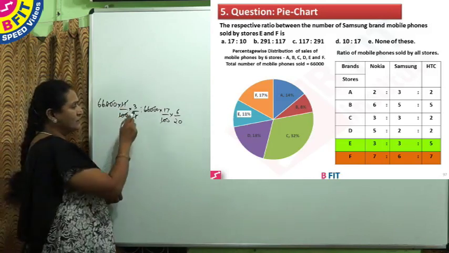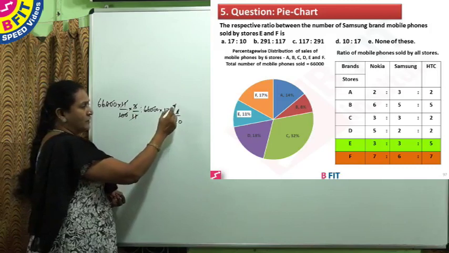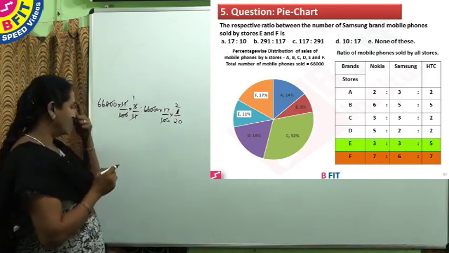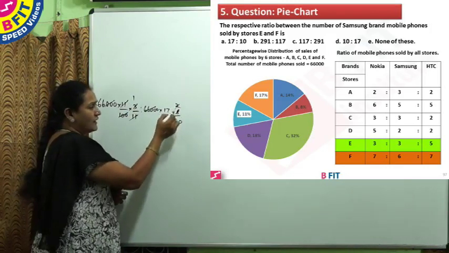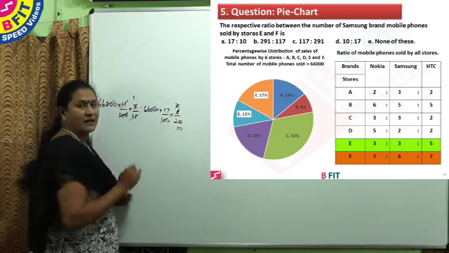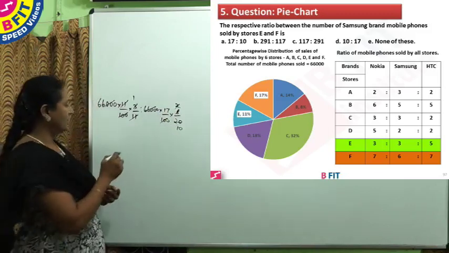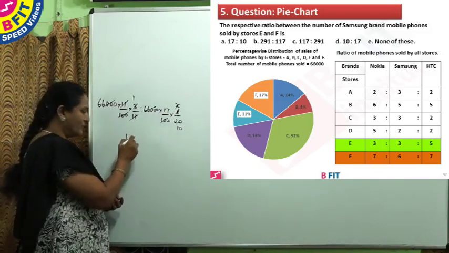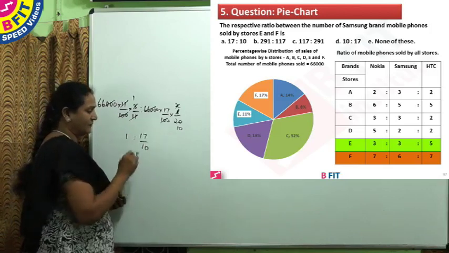And now in the first and second part we have 3 and 3, 2 is 6. So cancelling, we have 3, 1 is 3 and 3, 2 is 6. And 2 and 20 can be cancelled. So it is 1 by 10. And now in the first part we have cancelled all the values, so only 1 is left. And in the second part we have 17 by 10.